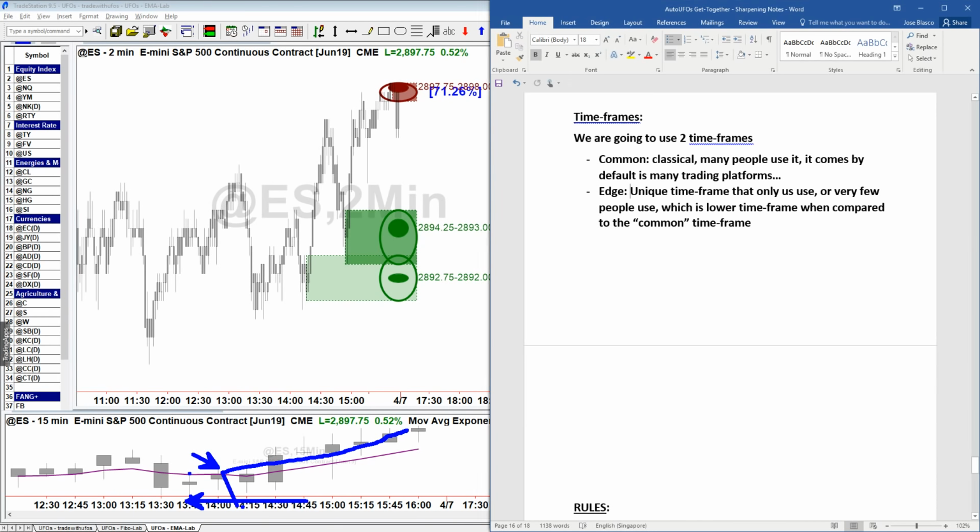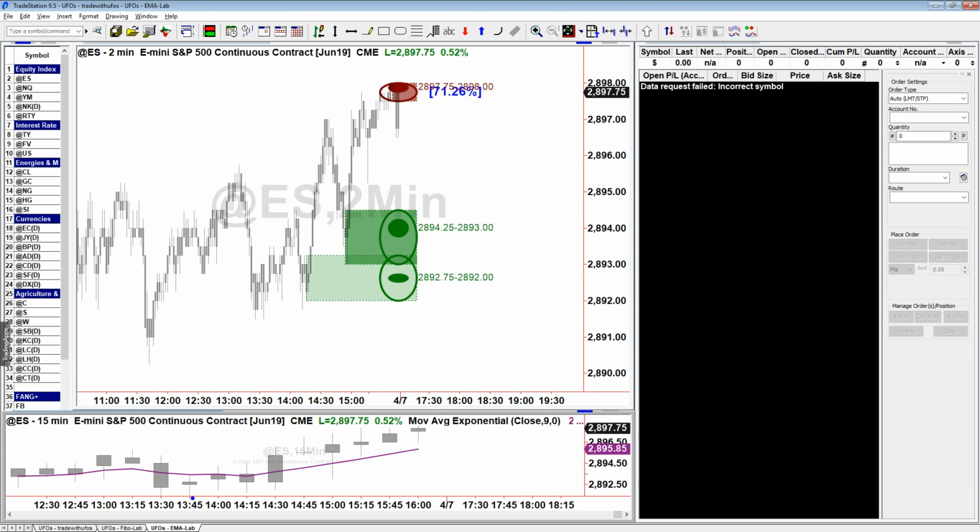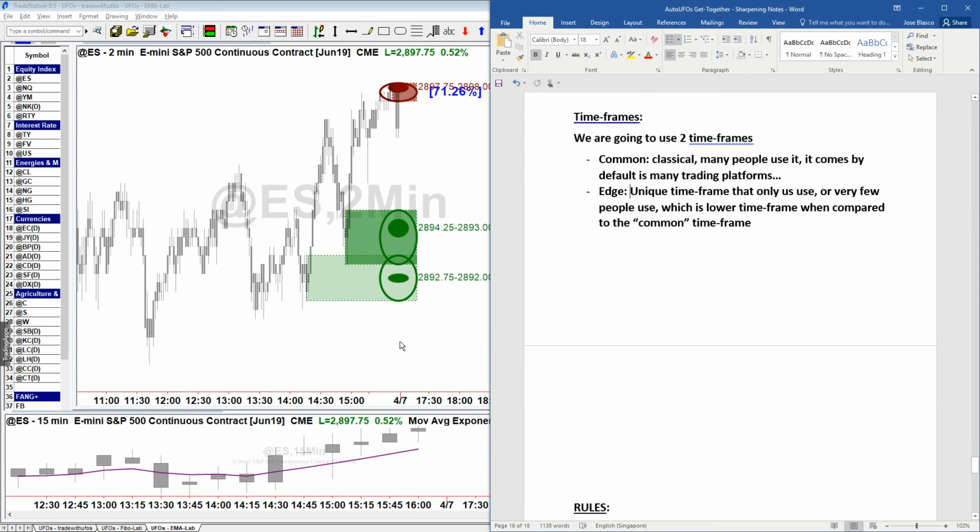And why? Well, because basically everybody in the world knows where your stop was. Why? Because it's written in every single book, in every single PDF file. I'm maybe exaggerating a little, but you get my point. So that's why, for us to gain precision with the entry, I would love to use an edge time frame, which is going to be unique to us, which is not going to be a time frame that many people use.